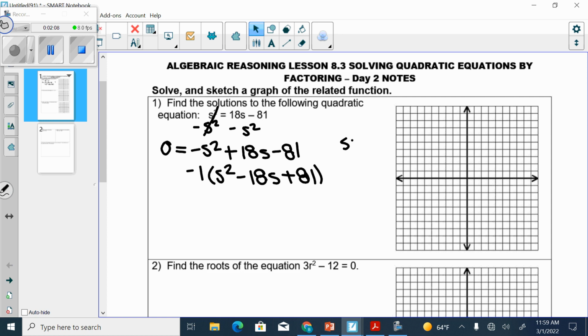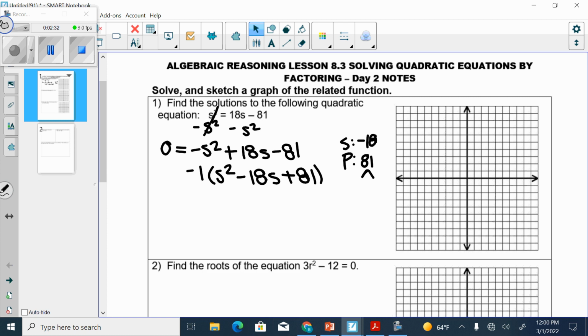Now I look at my numbers so that I can identify my sum and my product. What's my sum this time? And what's my product? I need something that will multiply to give me a positive 81, but will add to give me negative 18.